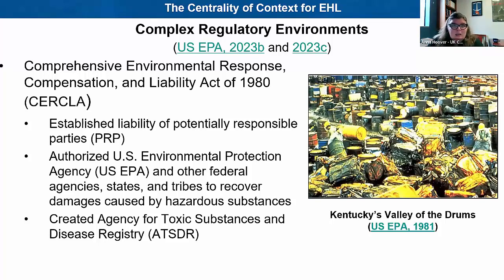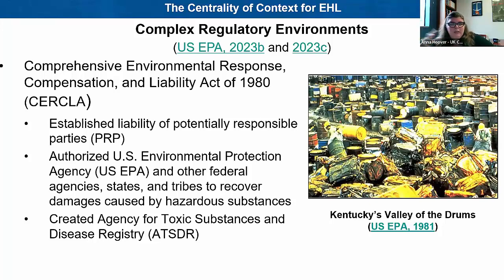In 1980, after Love Canal and a few other pretty high-profile environmental incidents in the United States, Congress passed the Comprehensive Environmental Response, Compensation, and Liability Act of 1980. We call that CERCLA. We use a lot of acronyms in this field, and it can get really confusing. So we call this CERCLA. And what this law did was it established the liability of polluters.